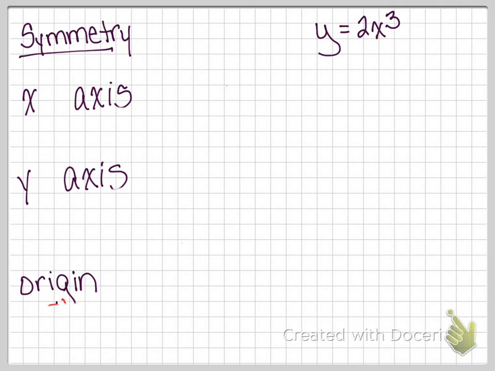Or x is its opposite, and y with its opposite. So here I've got the point 2, 1. When something's symmetrical across the origin, it's negative 2, negative 1. Okay? So you can have something symmetrical across the origin and it not be symmetrical to the x-axis or the y-axis. Okay? They can be completely independent.